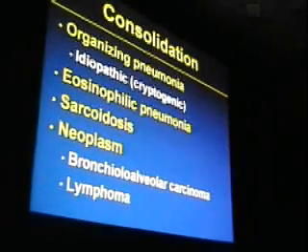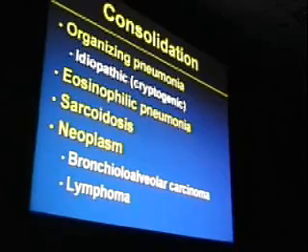Now, the sorts of diseases that we might encounter on high-resolution CT that will manifest with areas of consolidation include organizing pneumonia, which may occur idiopathically, so-called cryptogenic organizing pneumonia, perhaps better known as BOOP or bronchiolitis obliterans organizing pneumonia. Organizing pneumonia can also occur in relationship to drugs, so it may be a manifestation of drug toxicity.